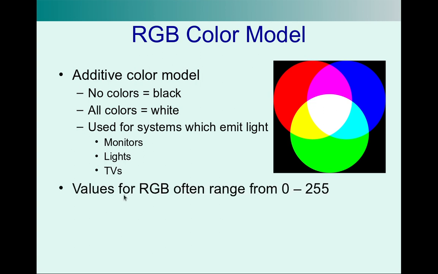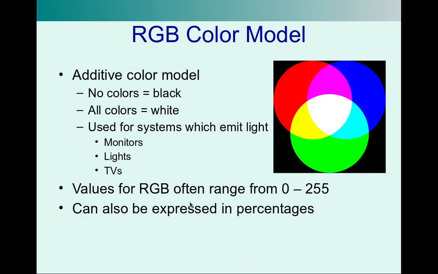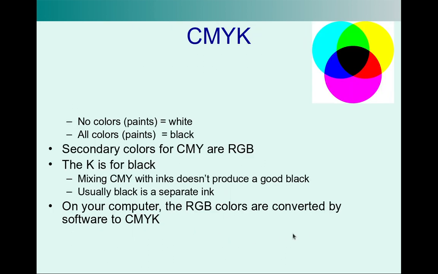Here the values for RGB range from 0 to 255, and that can also be expressed in percentages. The secondary colors for red, green, and blue are cyan, magenta, and yellow. These are the colors used in the second model, called CMYK, where K stands for black.